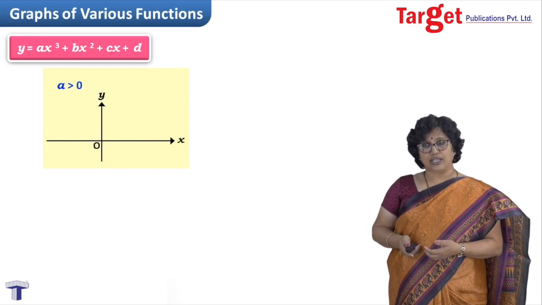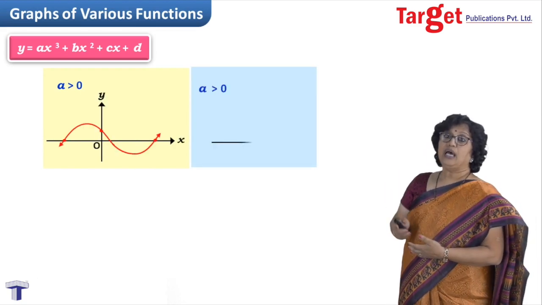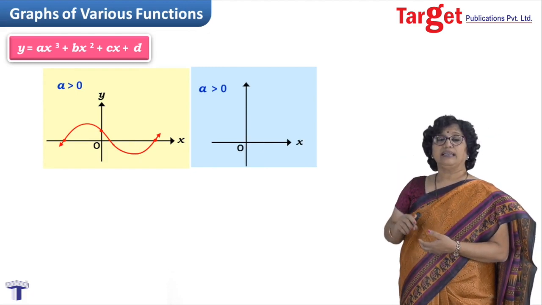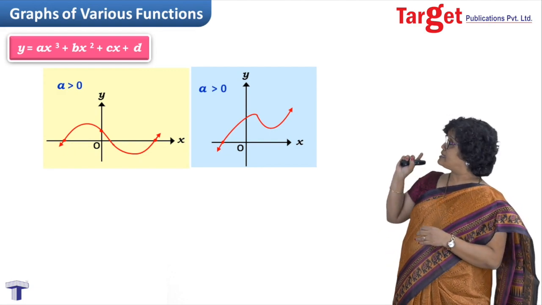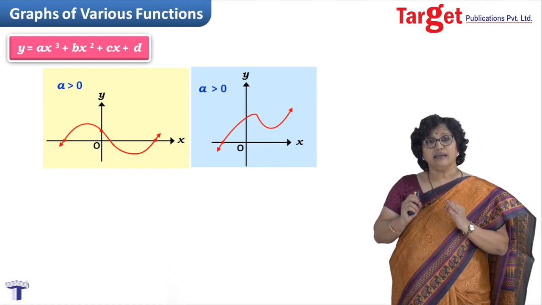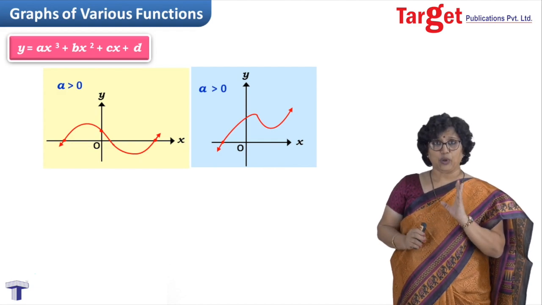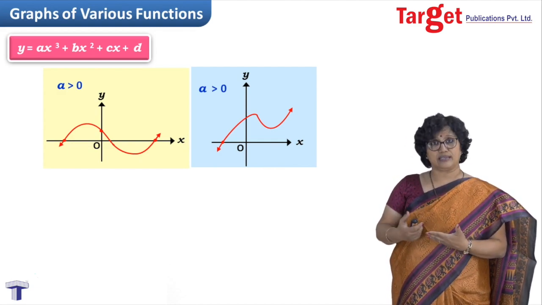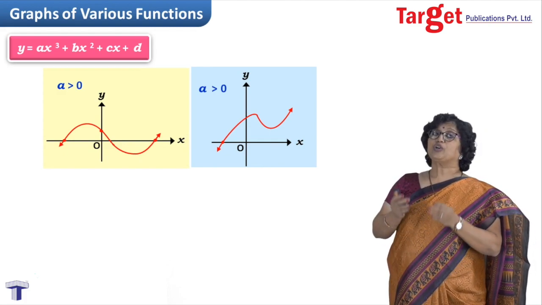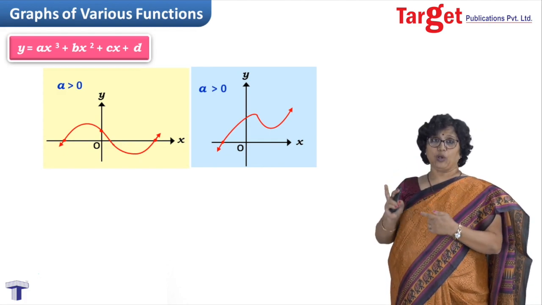Now let me try one graph that will give you more clarity. For a greater than 0, I have drawn two graphs. In the first graph, you are seeing that the graph meets the x-axis at three distinct points. And in the second graph, you are seeing that the graph meets the x-axis at one point only. Now, at how many points the curve meets the x-axis has got something to do with the zeros of the polynomial.